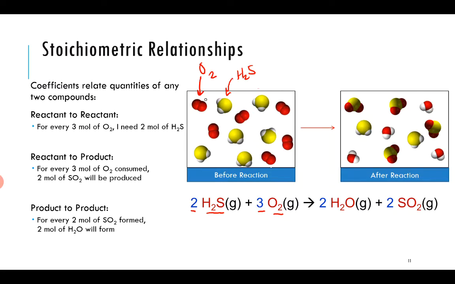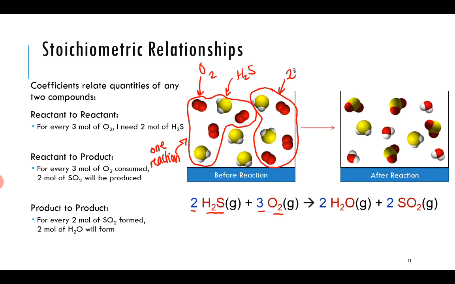And so to figure out how many reactions can happen, I need to circle 3 oxygens and 2 H2S's. And so that is 1 reaction. And then I still have more, and so I can circle 3 more oxygens and 2 H2S's.